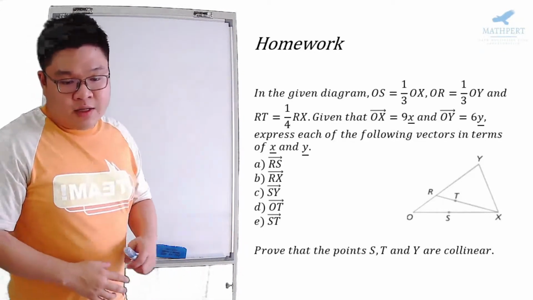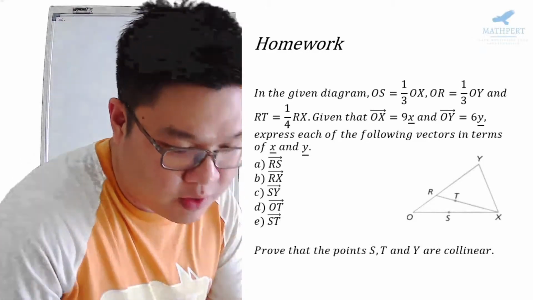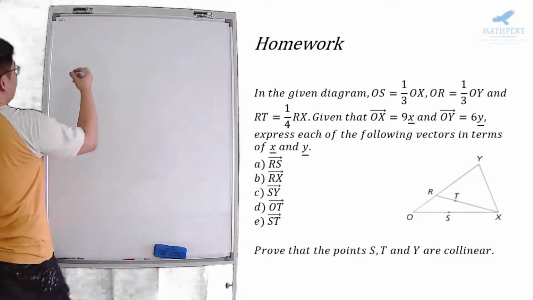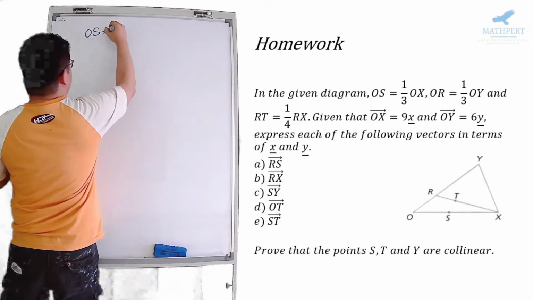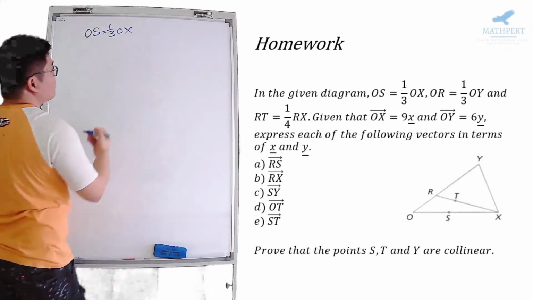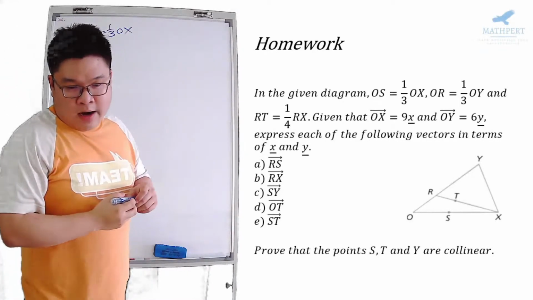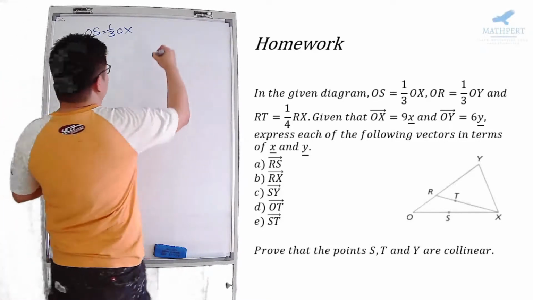So in a given diagram, OS is 1/3 of OX, and OR is 1/3 of OY.